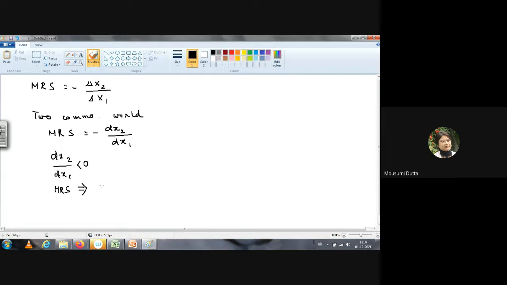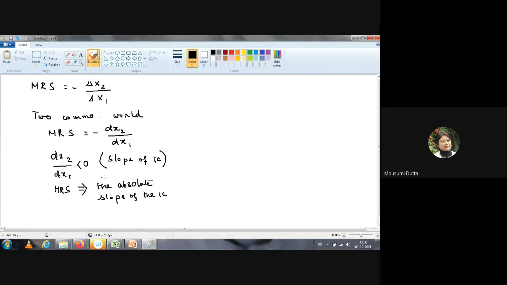MRS indicates, okay, this is the slope of the IC, and it is negative because when I am reducing the amount of X2, I need more of X1 to compensate the loss.